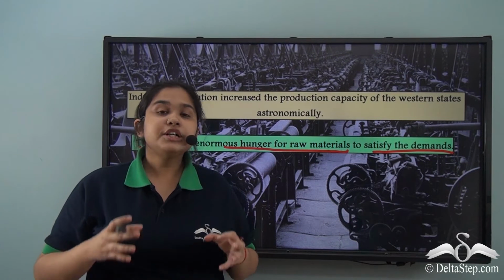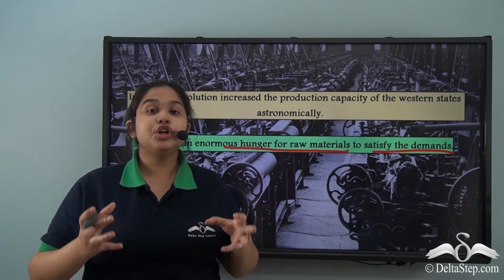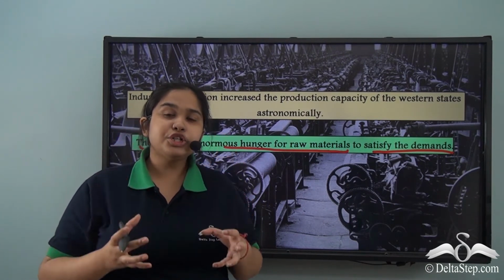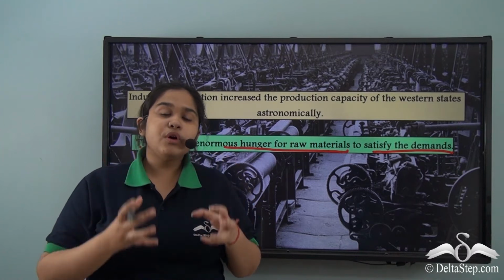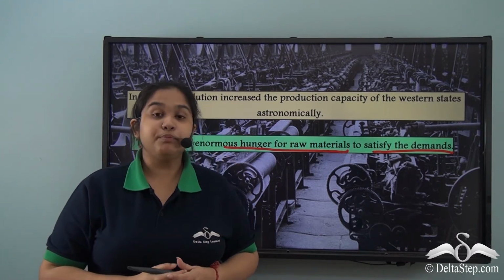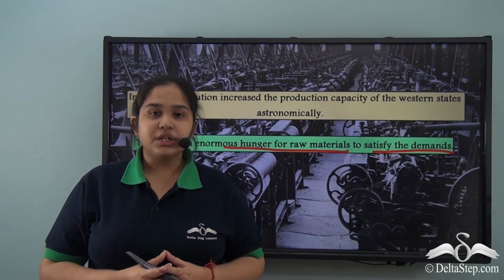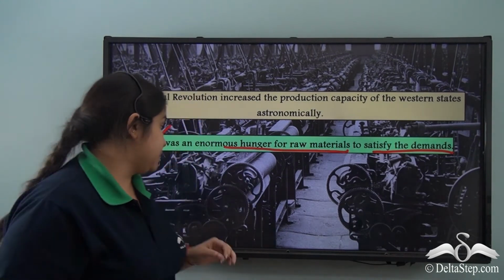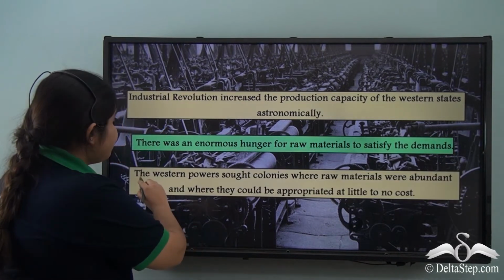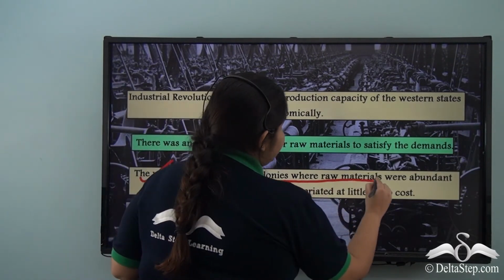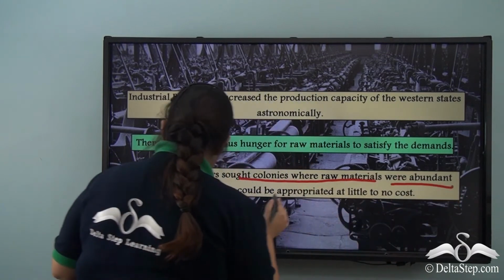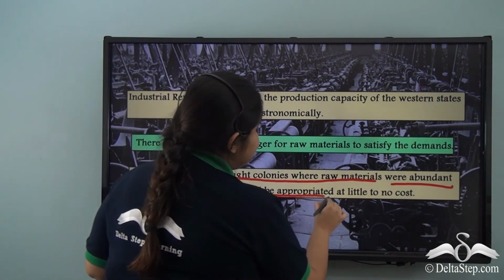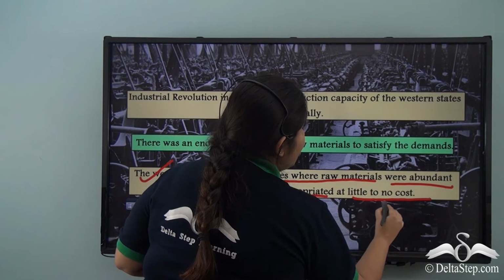But in order for the production procedure to function smoothly, there was a requirement of raw materials. And it was also important to gain the raw materials at the cheapest price possible. So the Western powers sought the colonies where raw materials were abundant and where they could be appropriated at little to no cost.